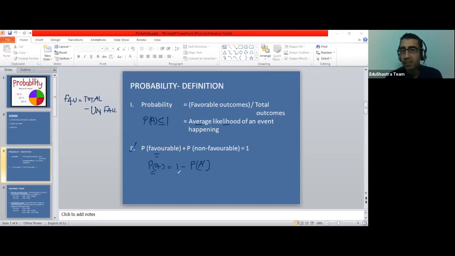Probability of an event happening is nothing but 1, which is the total probability, minus probability of that event not happening. Just like we had here, favorable ways is total ways minus unfavorable ways. Here, and in all cases, total probability always happens to be 1. I hope this is clear and simple. Hopefully, this should not be a challenge.